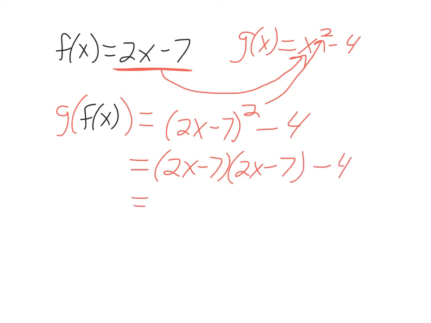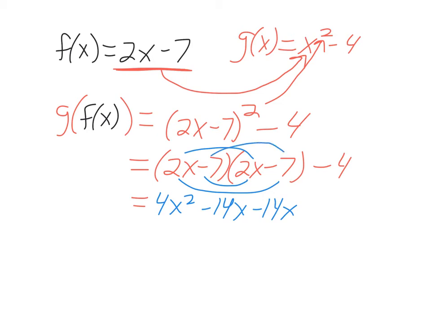So now I'm going to have to FOIL or double distribute. So that would be 4x squared minus 14x minus 14x plus 49. And then I have my minus 4 in there.